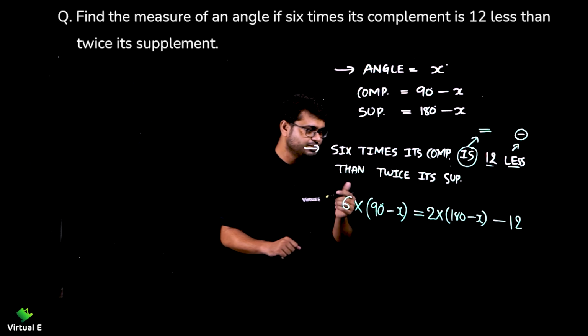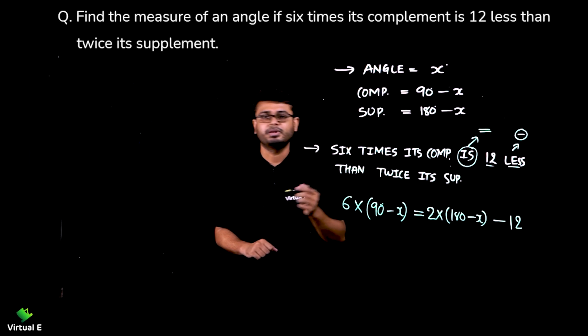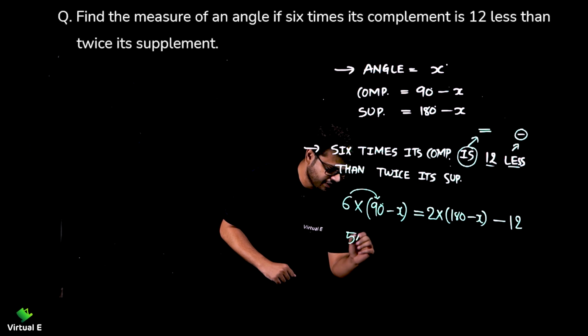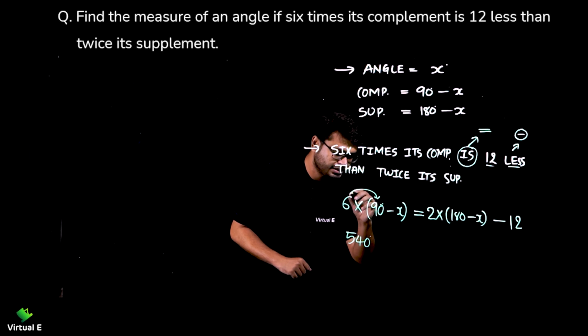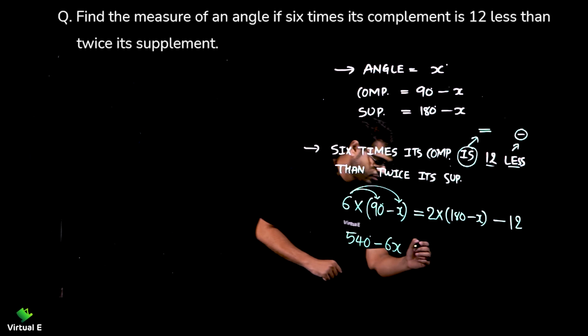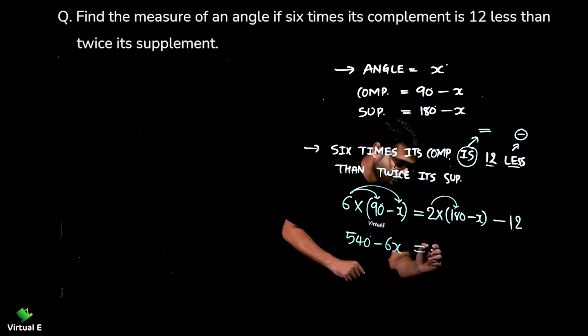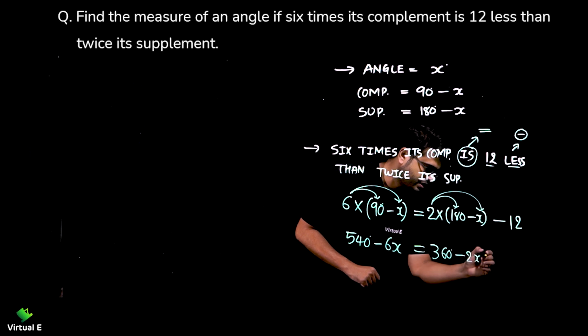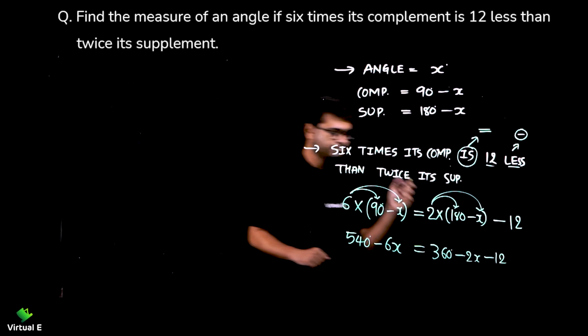So let's solve it. First of all, let's open the bracket. 6 into 90, that is 540 degree, and 6 into x, that is minus 6x. Same over here, 2 into 180, that is 360 degree, and 2 into x, that's minus 2x, and here minus 12.